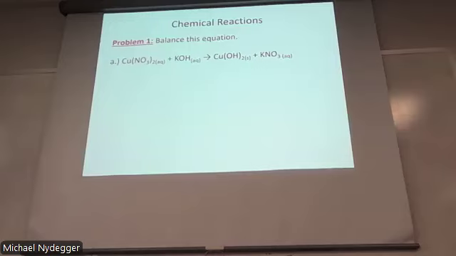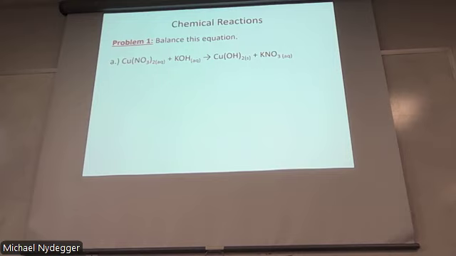I can't put a 2 here because this is -1 +1. I can't do that. Once I have everything neutral, I gotta leave it. I'm done with the little subscripts. NO3 always stays together in this class. Well, if we go further in chemistry, you find out I'm lying to you. But in this case, it stays together. So now I have 2 nitrates and the 2 nitrates here.